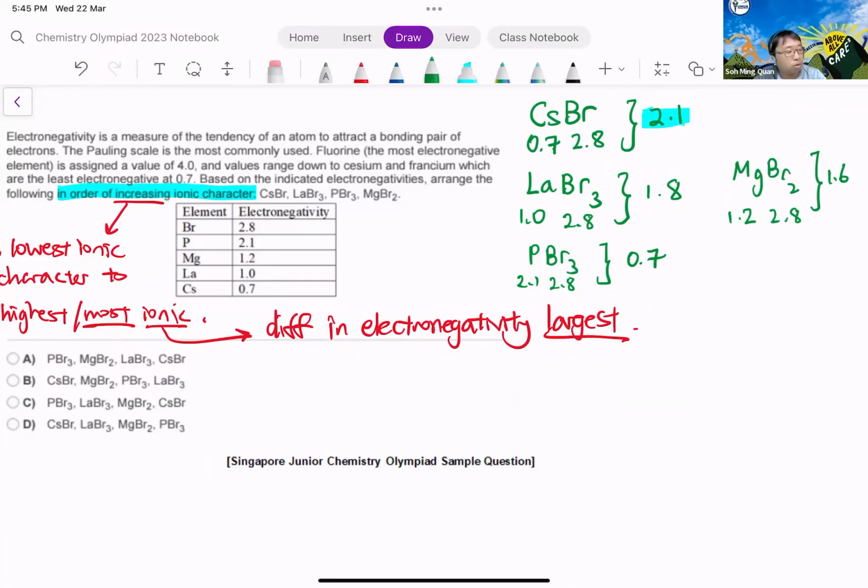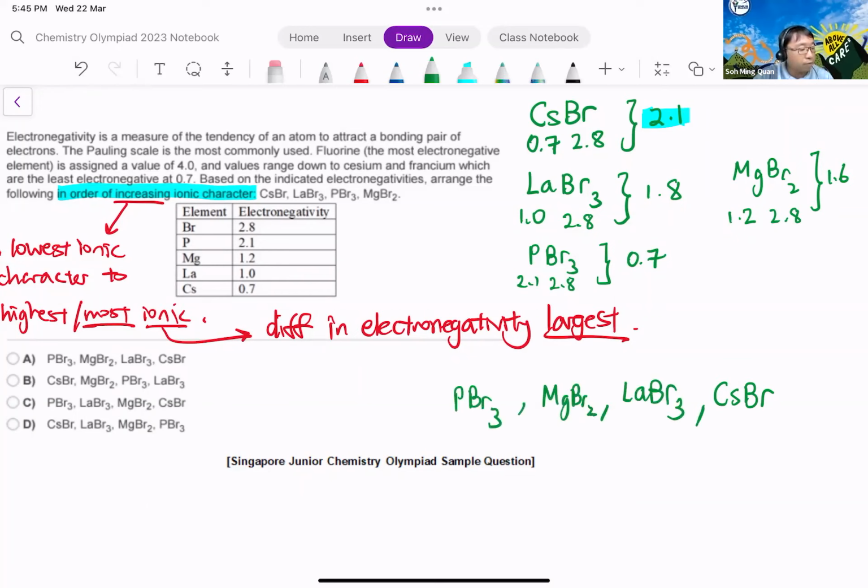So based on this, quite clearly, if we go for the most ionic, we need to end with cesium bromide. It's the most ionic because the difference is the highest. Then it will be lanthanum bromide, then magnesium bromide, and finally PBr3.